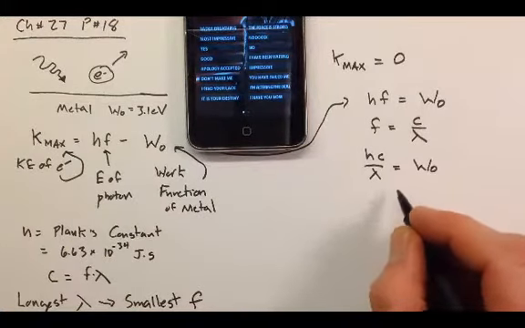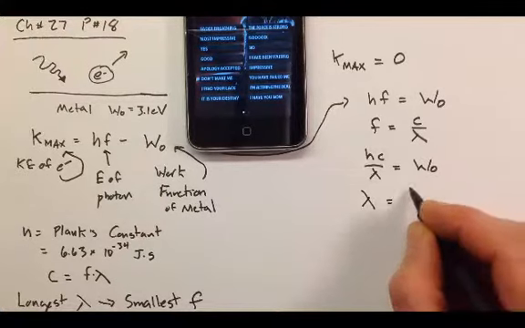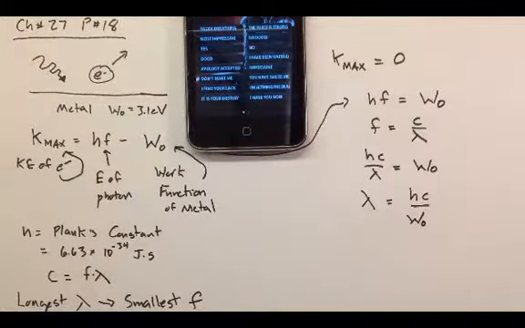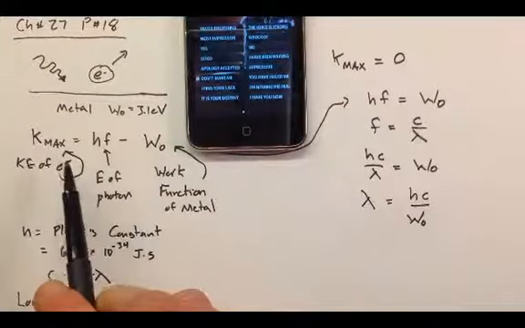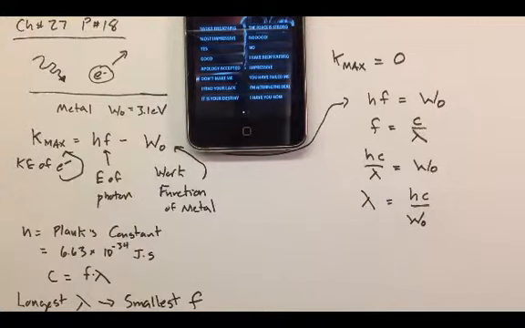Okay, so if we rearrange this equation, we find that the longest wavelength that will still eject electrons from this metal surface would be hc over the work function. Since this equation all deals with energy, there are two units we've used to discuss energy: joules and electron volts. Sometimes it's easier to do problems in electron volts than in joules.